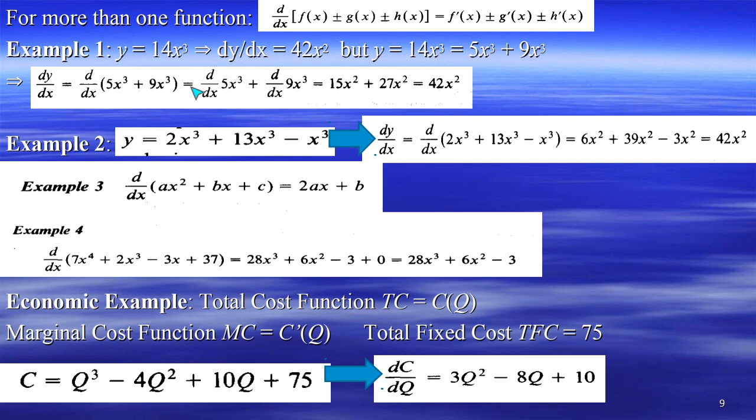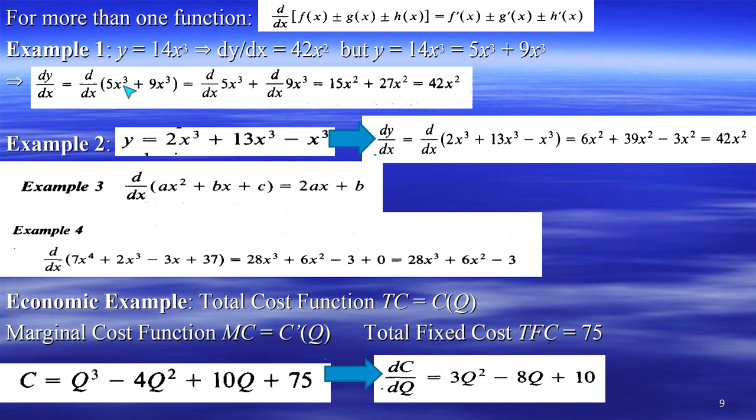Just put 3 in front. 3 times 5, 15x to the power 3 minus 1, 15x squared, plus 3 times 9, which is 27, x to the power 3 minus 1 is x squared. So 15x squared plus 27x squared makes 42x squared, which is equal to the straightforward derivative which we found before. So you can go both ways, you will obtain the same result.